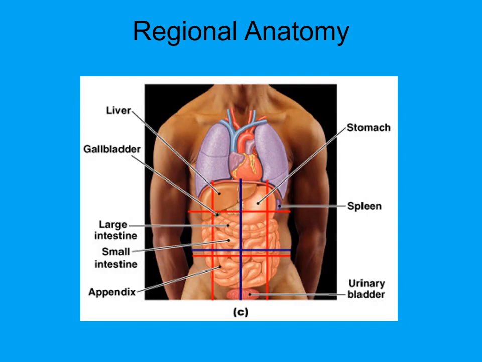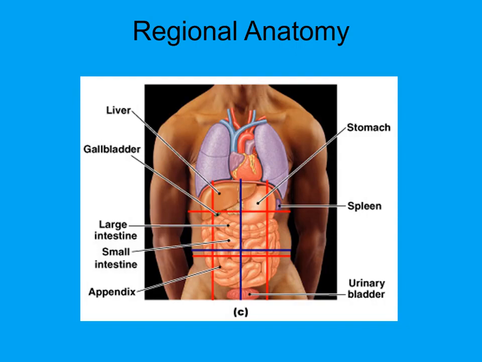So that can give you an idea if a patient comes in and is experiencing pain, say in the left lumbar region over here, your guess is probably it's not the gallbladder. The gallbladder is up right over here. So start to get very familiar as you're studying these different regions, which organs are going to be located in which region. So this is your liver and your stomach.